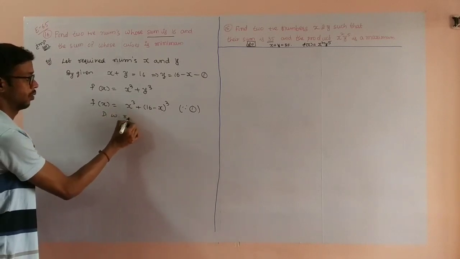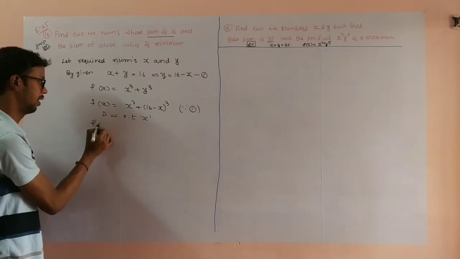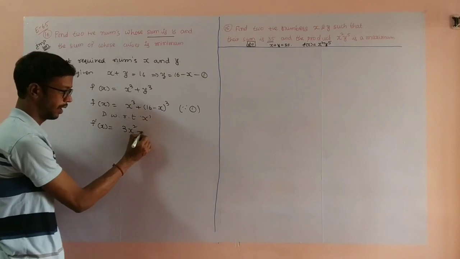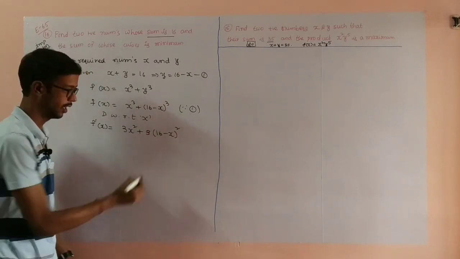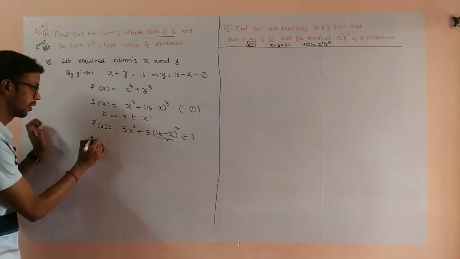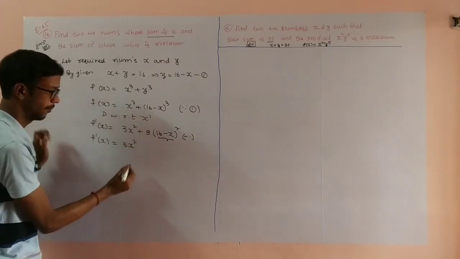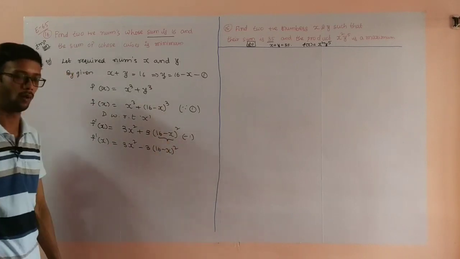Derivative with respect to x. F dash of x equal to 3x square plus 3 into 16 minus x whole square. The derivative of 16 minus x is minus 1. F dash of x is equal to 3x square minus 3 into 16 minus x whole square.